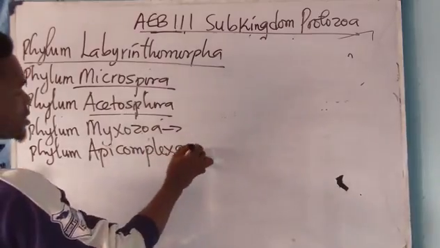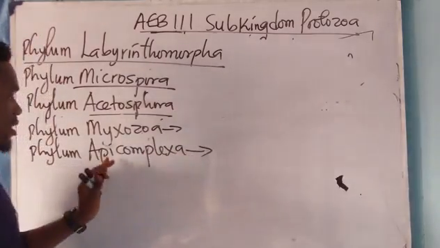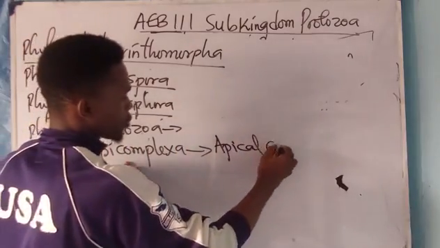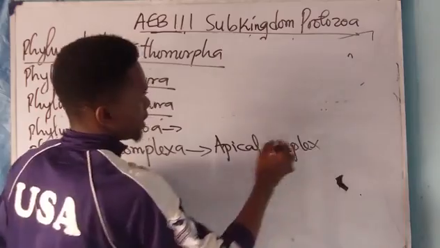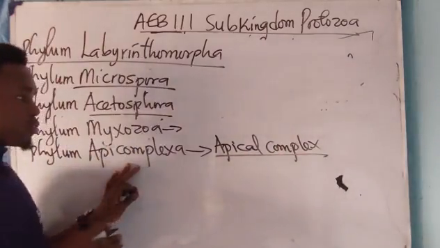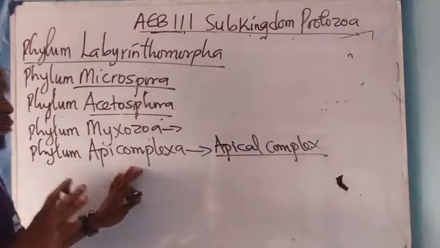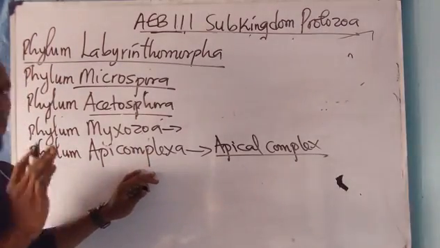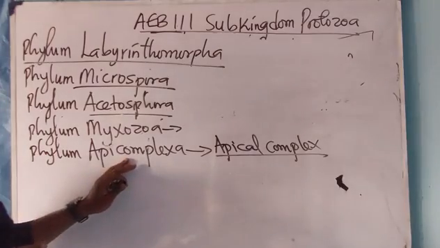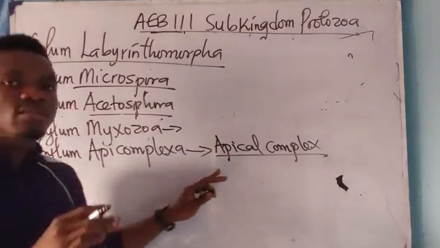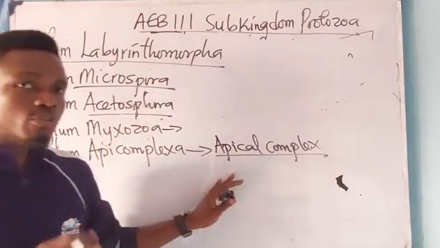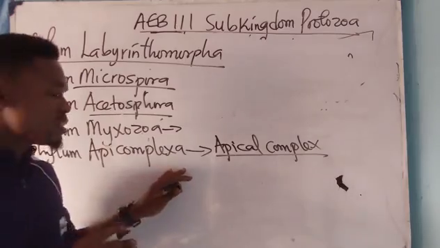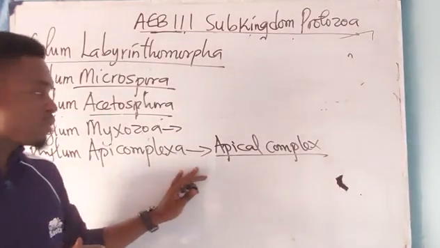Now this Phylum Apicomplexa, as the name implies, they have apical complex, and their life cycle is actually complex. They are all parasitic. This is where you have the Plasmodium. The Plasmodium is the causative agent of malaria, and the vector is the female Anopheles mosquito.